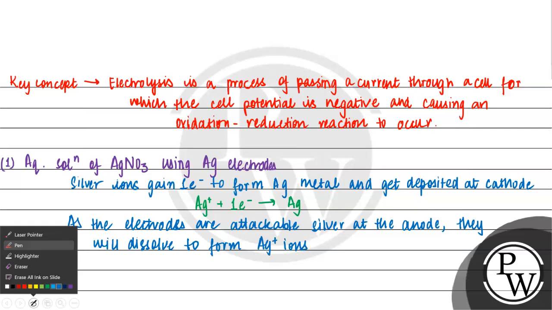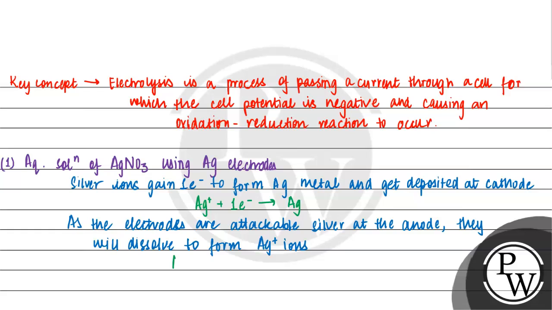Now if we look at the chemical reaction which occurs, Ag gives Ag plus 1 electron. So we can see that.